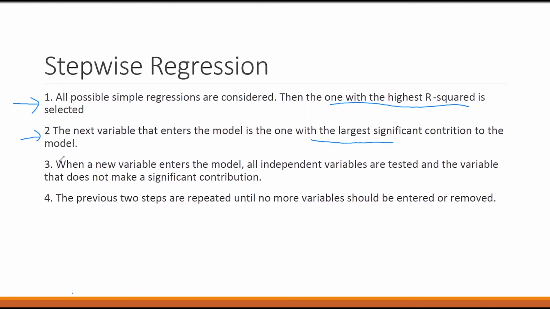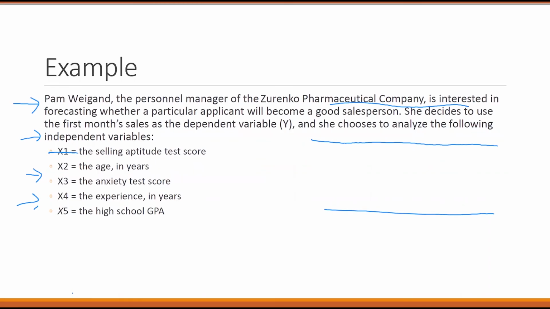Whenever we include a new variable in the model, we test all the X variables that are already in the model to make sure they're still highly significant. So we're going to repeat this process until there are no more X variables that can contribute to the model significantly, or no more X variables that turn out to be insignificant. Then we stop there.